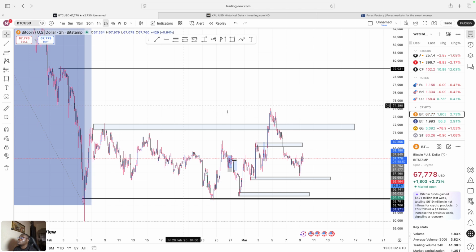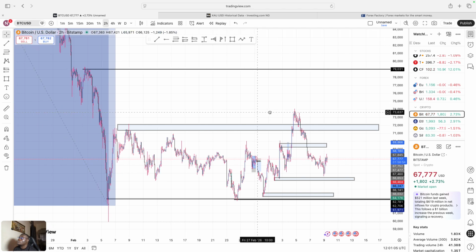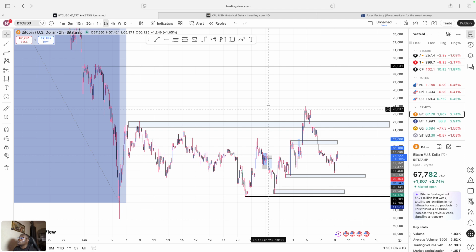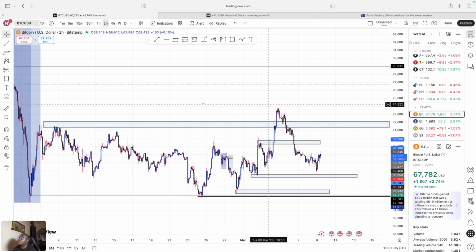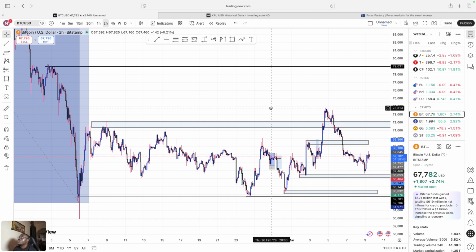Whenever you see support, whenever you see resistance, all you need to do is make sure that you are selling at a resistance level and buying at a support level. Are you getting me? You are selling at resistance and buying at support. That's just what you need when trading the market.